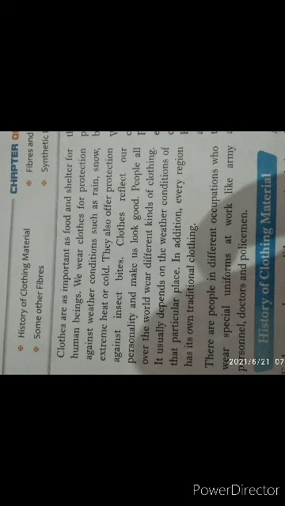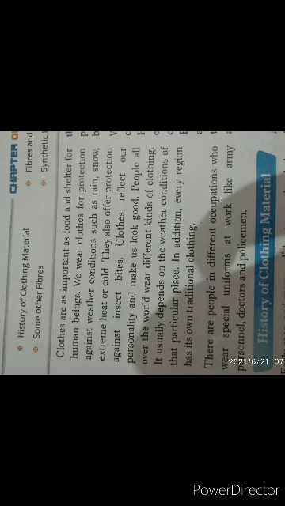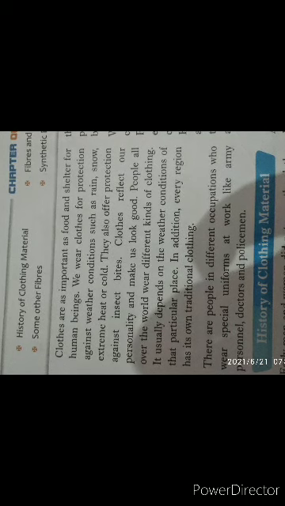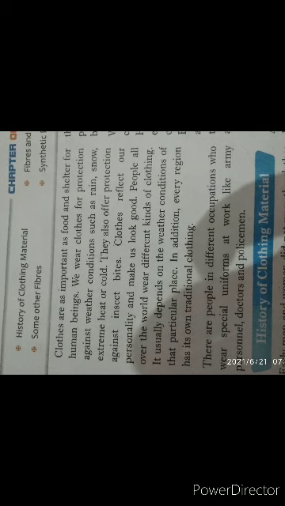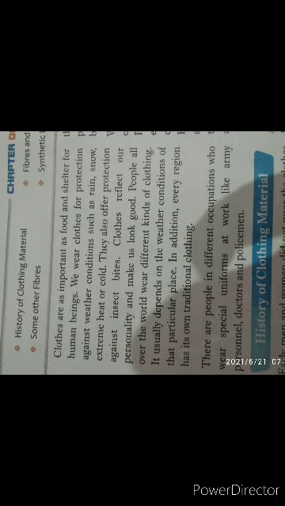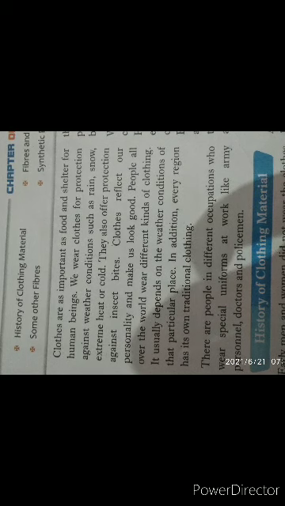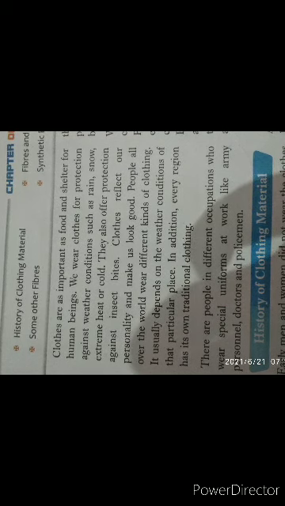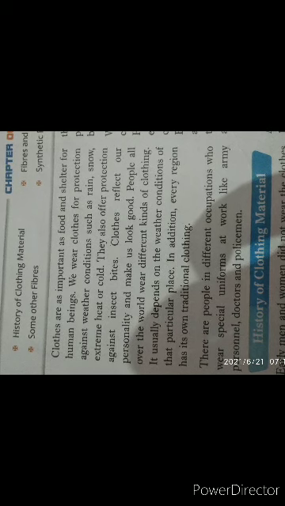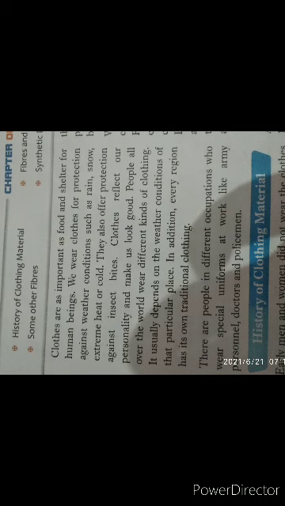They also offer protection against insect bites.